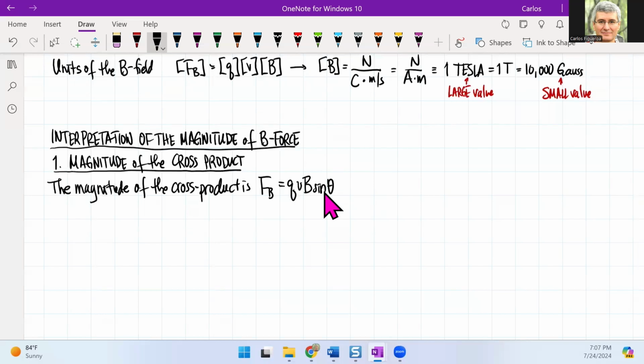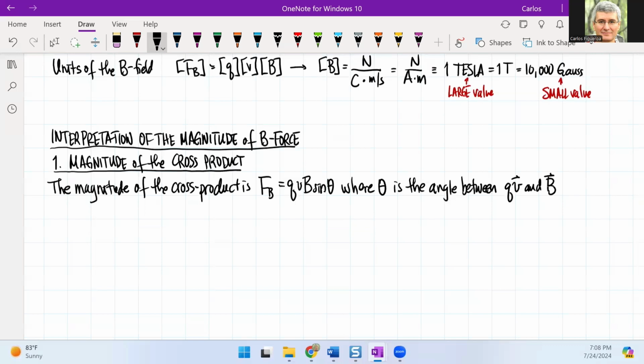It's just what it is. Where theta is the angle between QV and B. Now note, I included charge. Charge isn't a vector, but I'm going to include it.